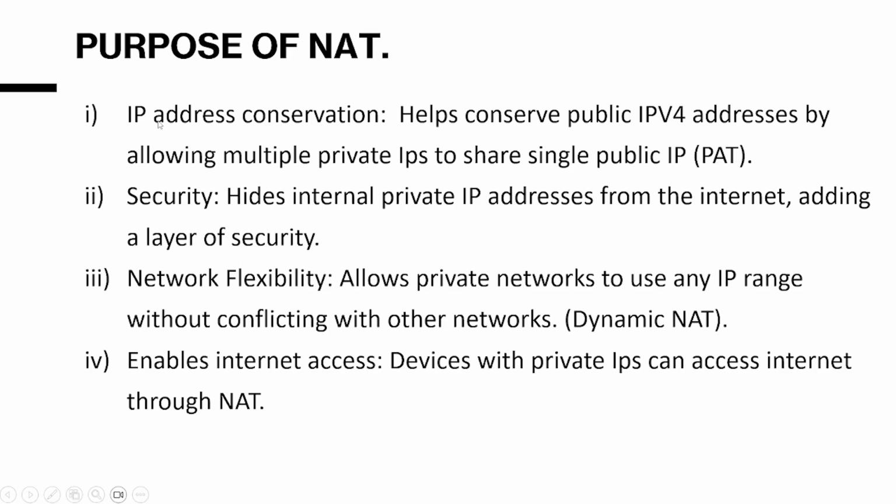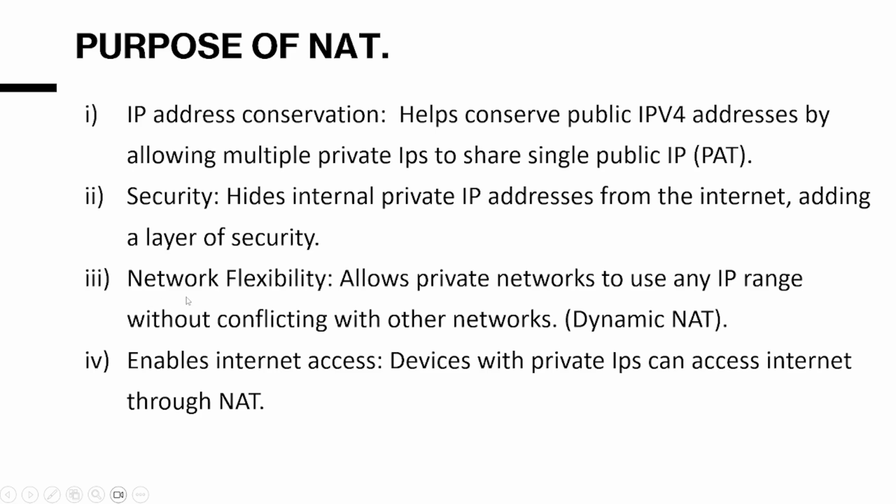First, we have IP address conservation. It helps to conserve public IP version 4 addresses by allowing multiple private IPs to share a single public IP. Second, it is for security purposes. It hides internal private IP addresses from the internet, adding a layer of security.